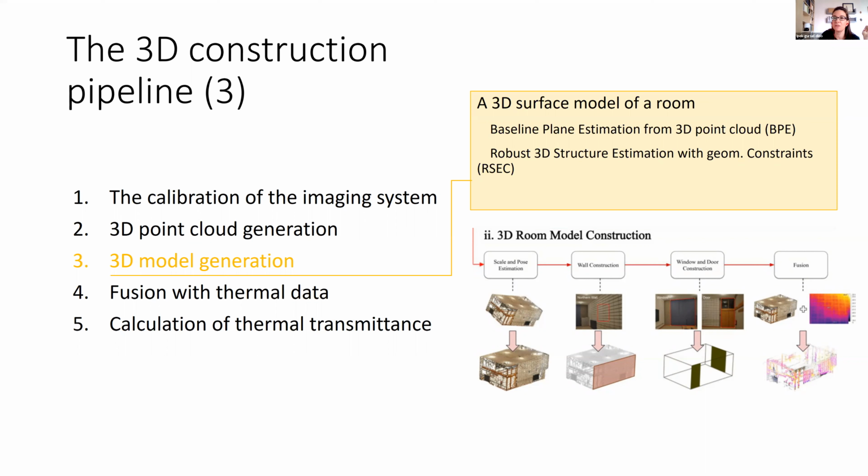And for this, we perform several steps. We use RANSAC for 3D plane estimation, and plane fitting using a least square error plane fitting algorithm. And based on the results, we felt the need to improve upon this initial method. And a second method named robust 3D structure estimation with geometric constraints, or RSEC, was developed.